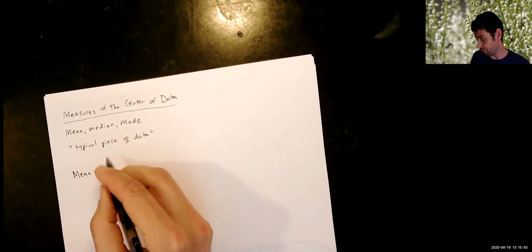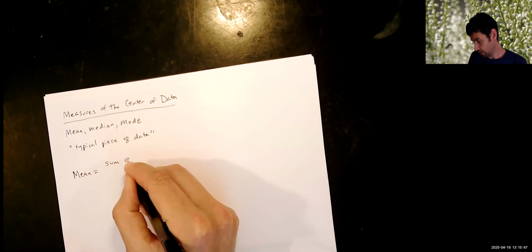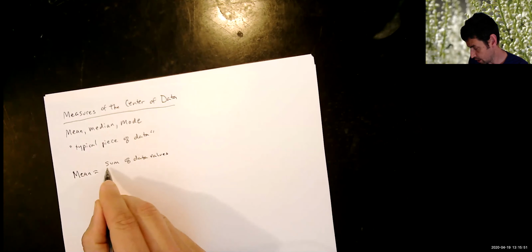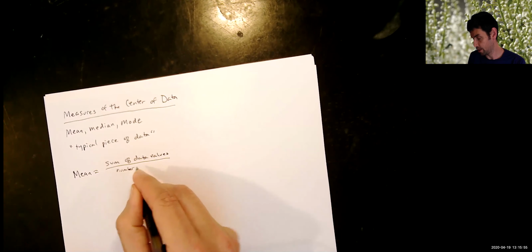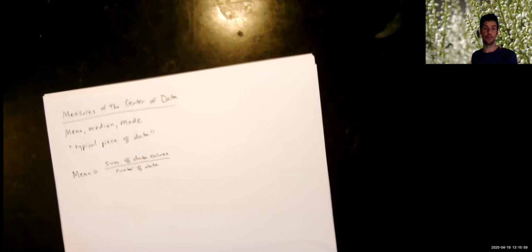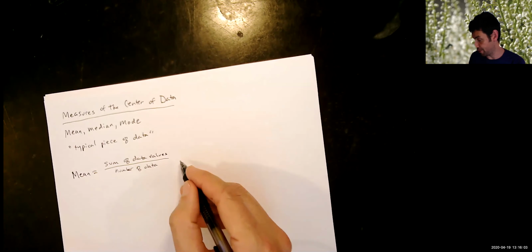The mean is just the sum of data values divided by the number of data values. In other words, you add up each one of your data values.